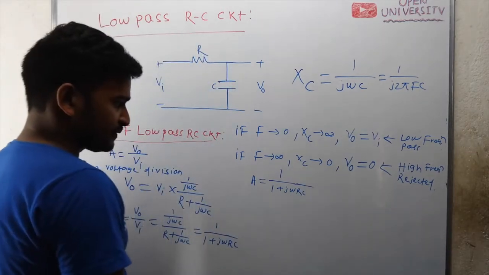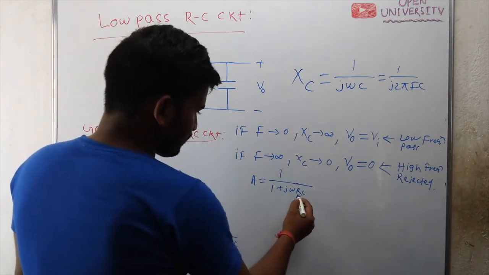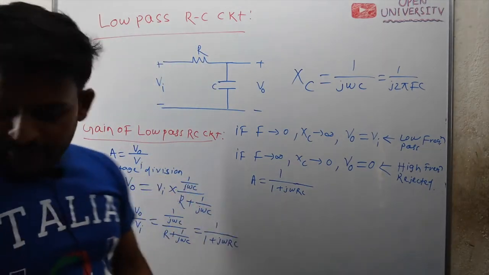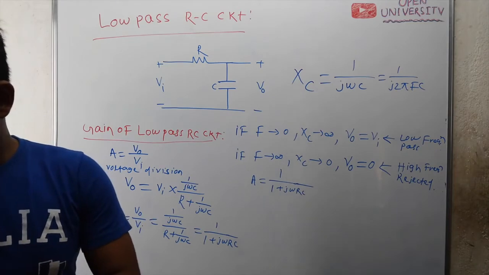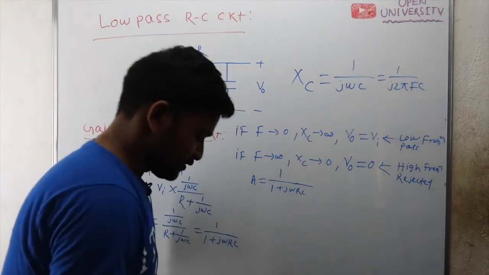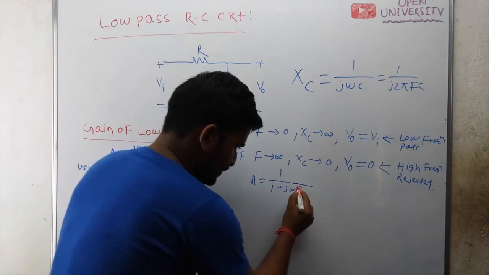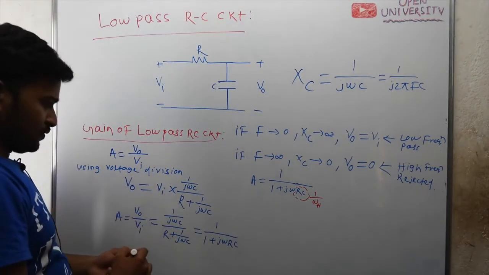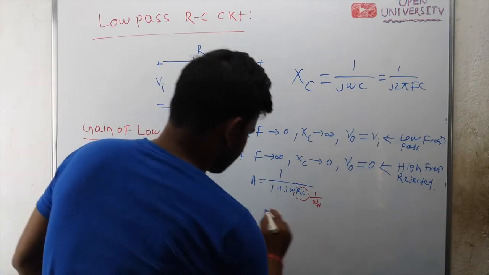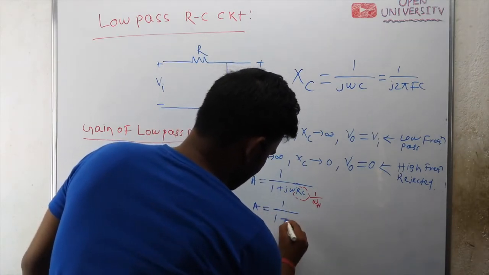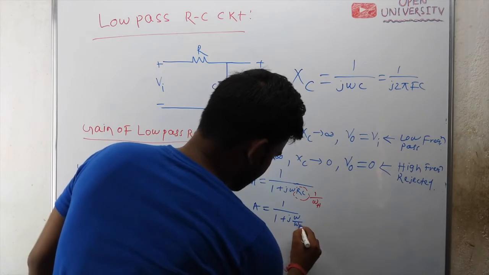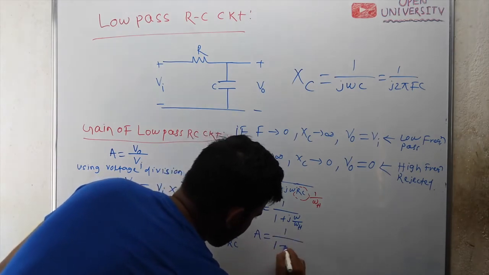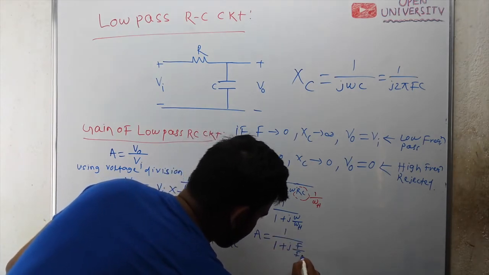I can write this RC as 1 by omega h. So our gain will become 1 by 1 plus j omega by omega h, or gain becomes 1 by 1 plus j f by fh.